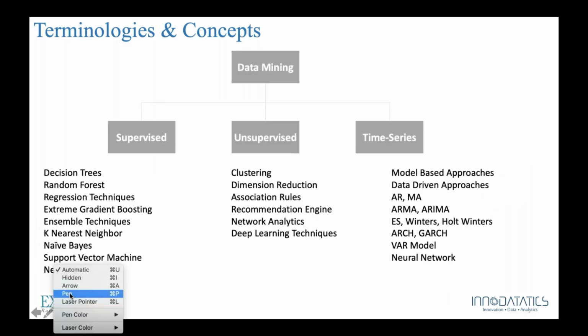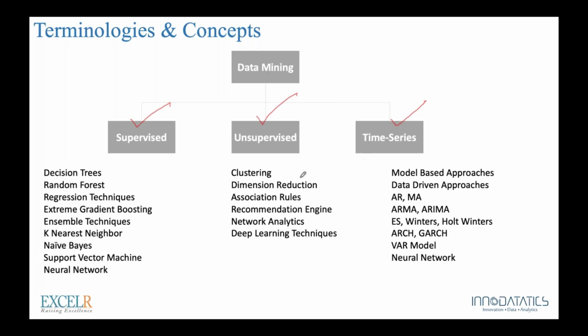A typical data science program has all of these. You have supervised, unsupervised, and time series. To become a decent data scientist, you need to learn at least the algorithms listed here: decision tree, random forest, regression techniques, extreme gradient boosting, ensemble models. All of these.